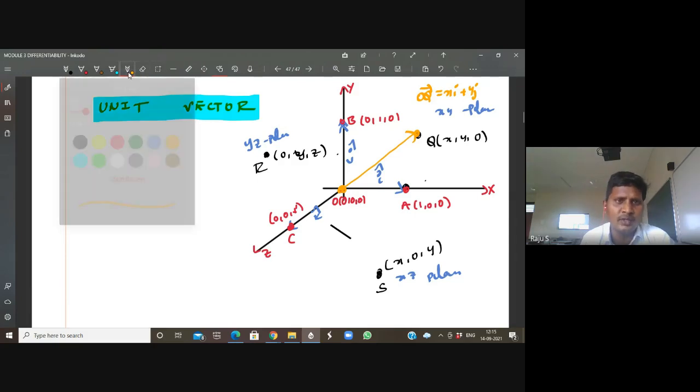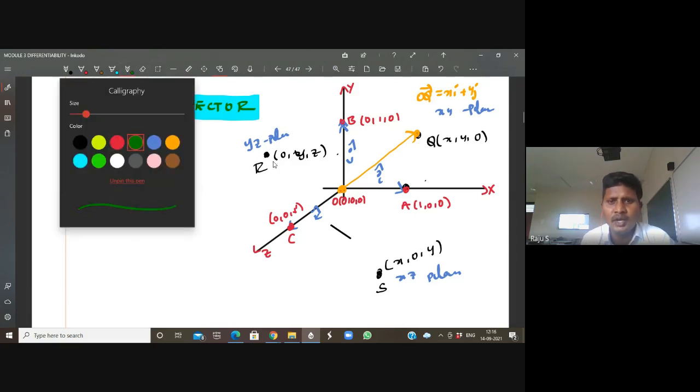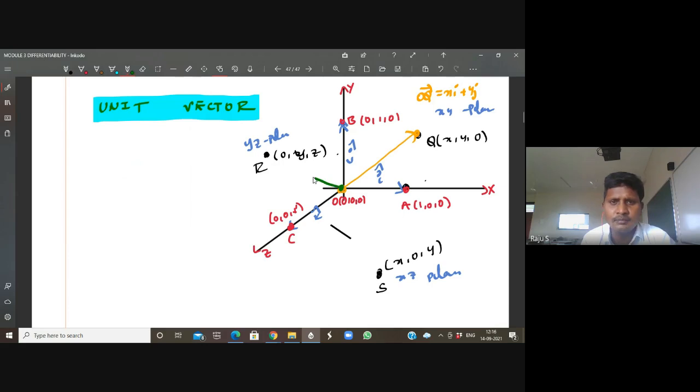Coming to the yz plane, what is the point on the yz plane? If I consider the position vector of the point R with respect to the origin, it can be written as OR vector equal to clearly 0 into i, plus y into j plus z into k.